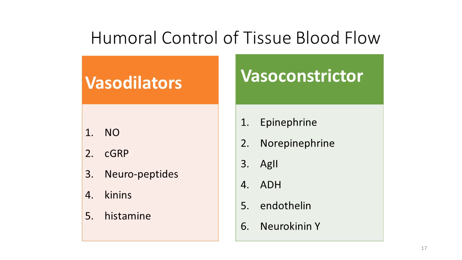Let's see vasoconstrictors first. Vasoconstrictors like epinephrine and norepinephrine are secreted from the suprarenal glands, and they constrict vessels with high power. So they are the most important vasoconstrictors in blood flow regulation.